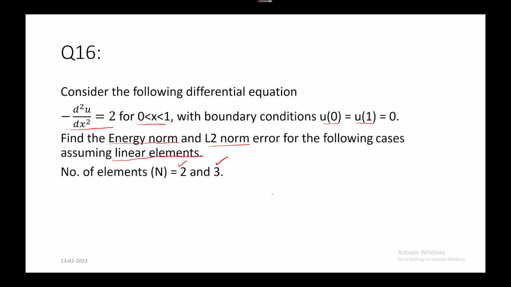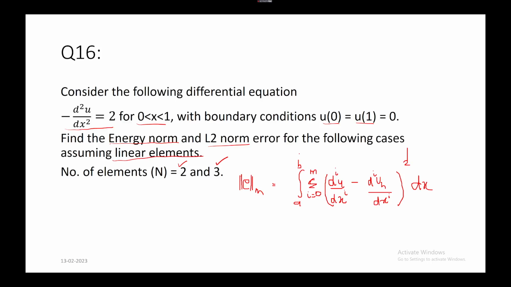And what is the L2 norm? I'll just recall the expressions here. The energy norm Em is equal to the integral from A to B of the summation, i equal to 0 to m, of (d^i u/dx^i minus d^i uh/dx^i), the whole square, into dx.